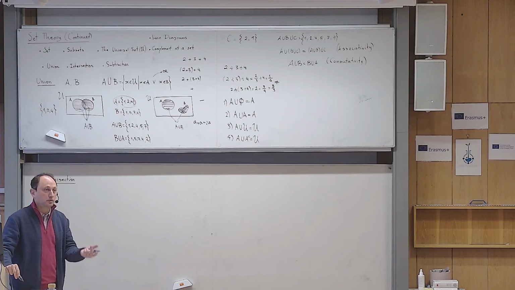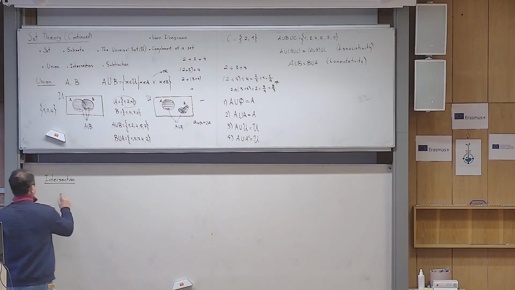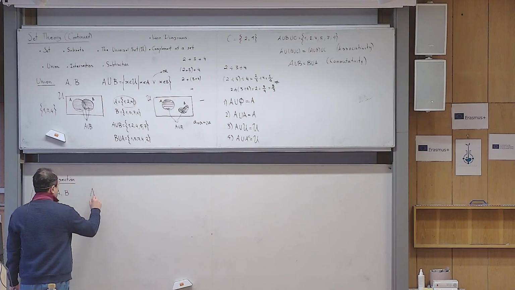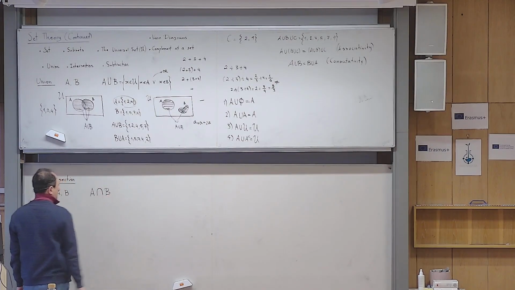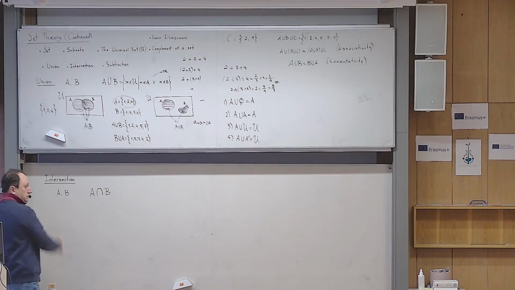The common parts, you call the intersection. If I have two sets, A and B, intersection is symbolized by the opposite symbol: A intersection B. I don't think there is any confusion, because union is very similar to U for union, and the opposite one is intersection.